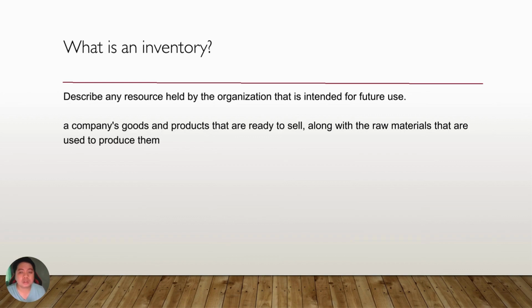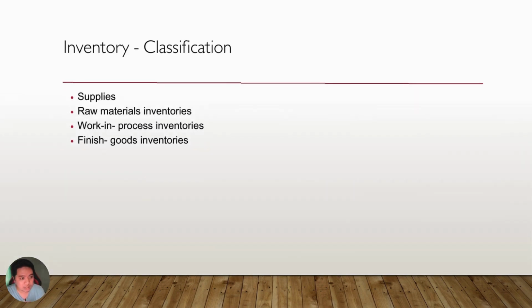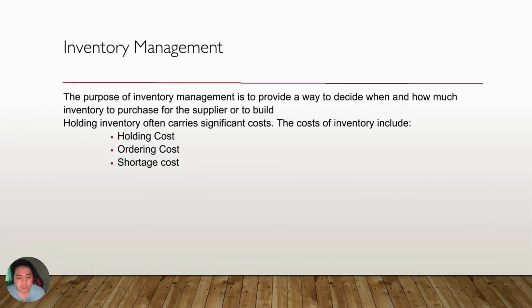As I recalled in our cost accounting, we have four classifications of inventories: the supplies inventory, the raw materials inventory, the work in process inventory, and finished goods inventory. So how do we manage our inventory? The purpose of inventory management is to decide when or how much inventory to order or to build.